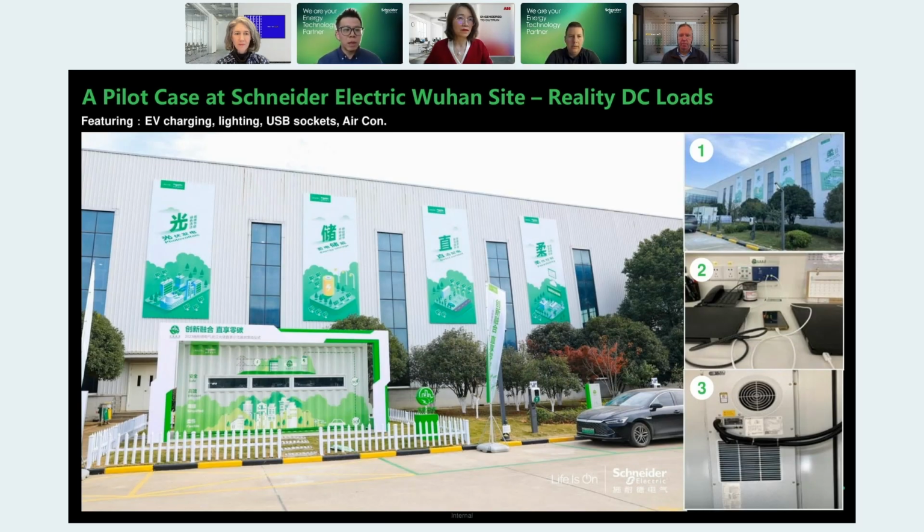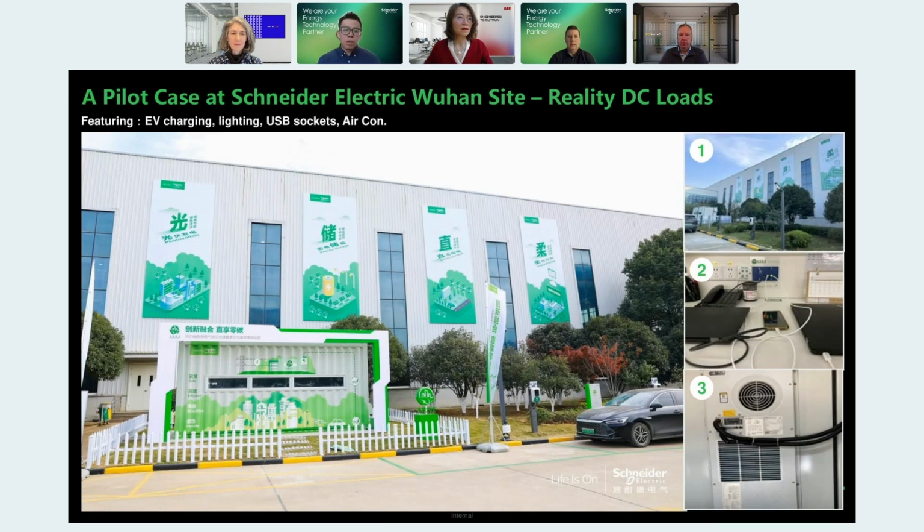And that would be the case everywhere in the world, basically. These are really newly added loads that make sense to be coupled in DC, especially around this voltage at 700 volt main bus.